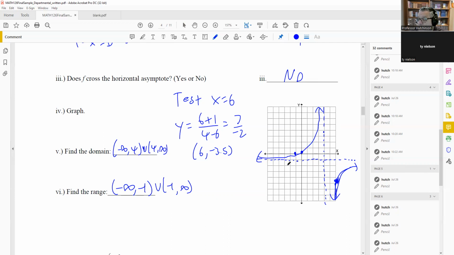And we also know the graph does not cross the horizontal asymptote. So because of that, that's why we know that the range is all y values. It goes up and it goes down, of course, but we don't include the -1 there. So that's one thing you want to be careful of. They're easy to graph, but then you got to be careful with the domain and the range when you do these.